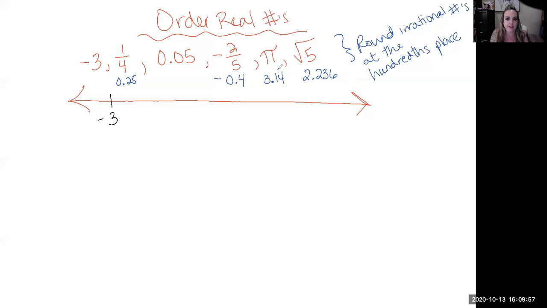Looks like pi is our highest value at 3.14, which is pi approximated, right? It's not the exact value because pi is irrational. And then this is about 3. So I'm just going to scoot over a little bit more, and I'm going to say that this is the whole number 3.